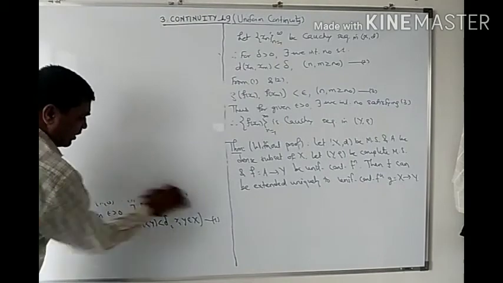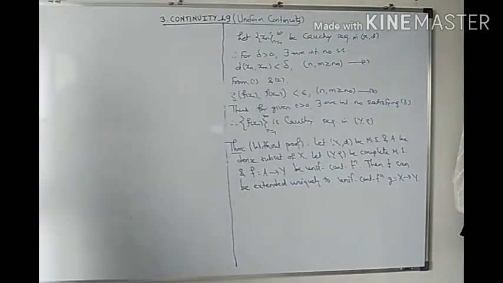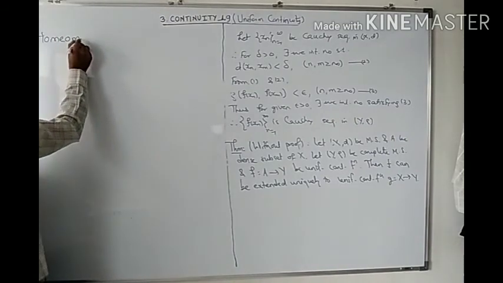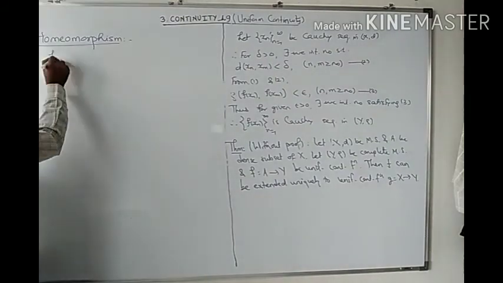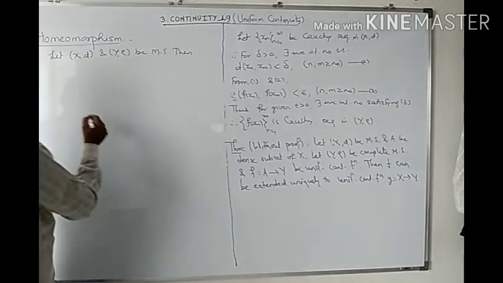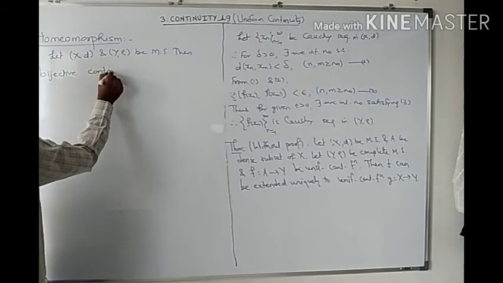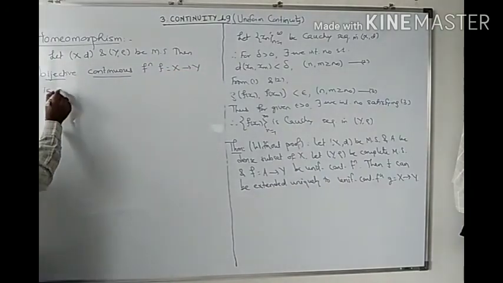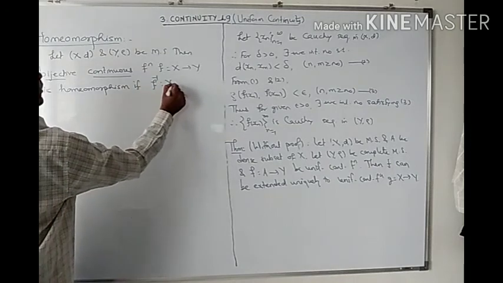Now we'll study the definition of homeomorphism. Let (X, d) and (Y, ρ) be two metric spaces, then a bijective continuous function f from X to Y is a homeomorphism if f inverse from Y to X is continuous.